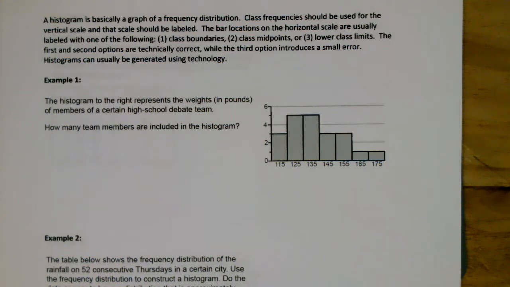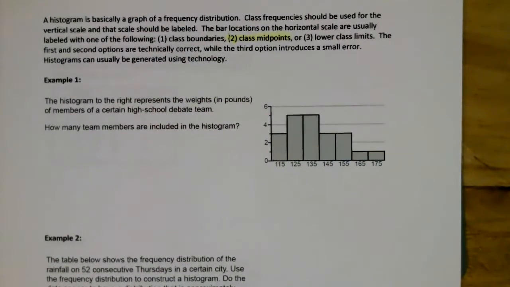The first and second options are technically correct, while the third option introduces a small error. Now, personally, I like to use option number 2, the class midpoints, because the class midpoint is at the center of that entire class, and when you do the histogram, you can place those marks at the center of the vertical bars.